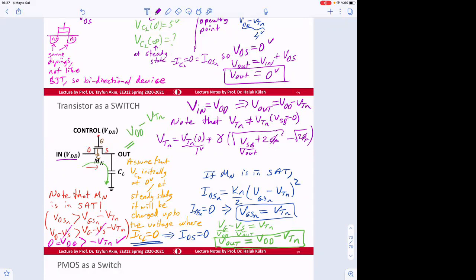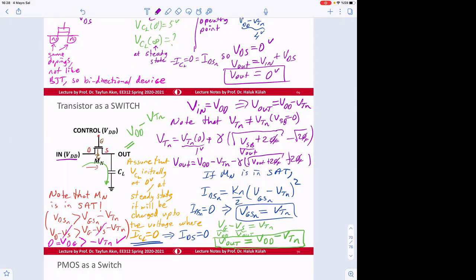So output will be depending on the output threshold voltage. So V out will be equal to VDD minus Vtn. Not only that, but also gamma something, which is square root of V out plus 2 phi f minus 2 phi f.